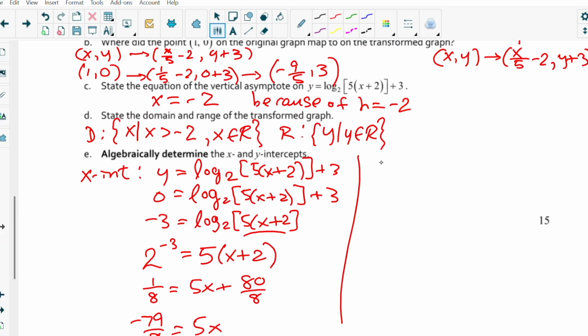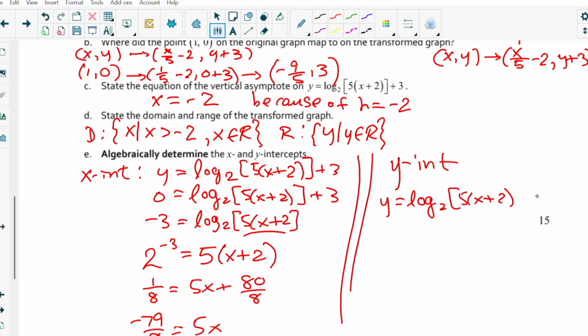Y-intercept. This is where x equals 0. So let's start with our transformed function, log base 2 of 5 times (x plus 2), plus 3. And then y equals, let's make x 0.